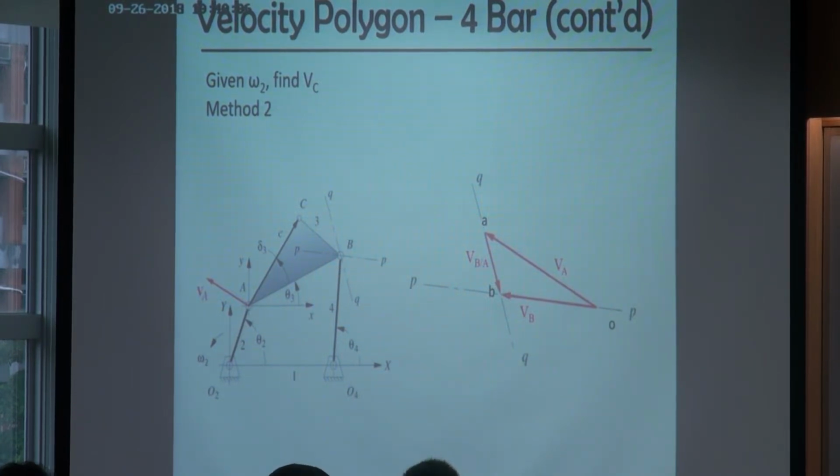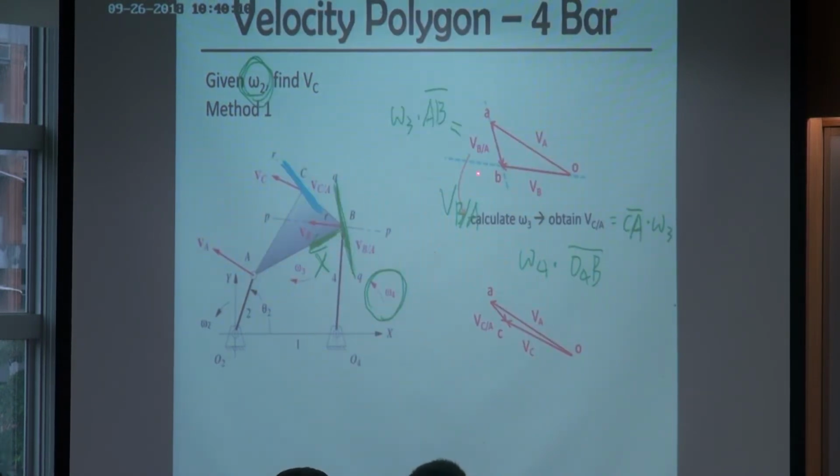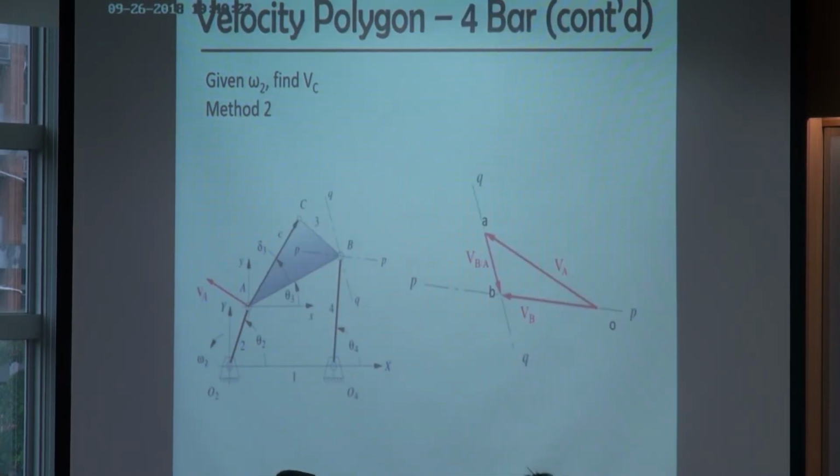So, actually there's another method. I call this method 1. In method 1, we find VB first, and then we use this new information, omega-3 and omega-4, to find VC. But there's another method. It's very similar, but slightly different.